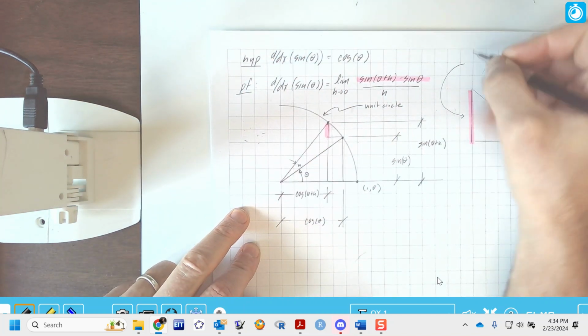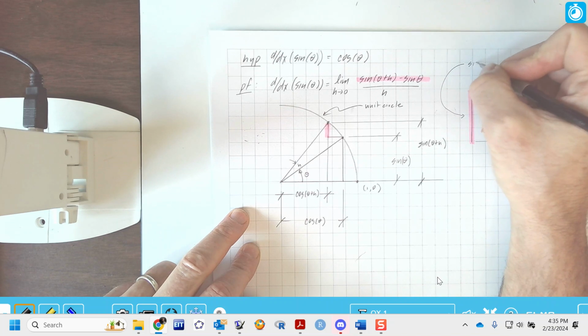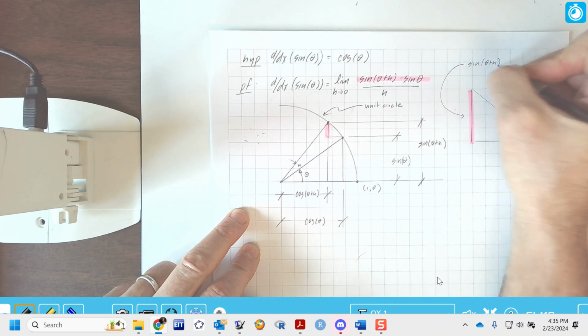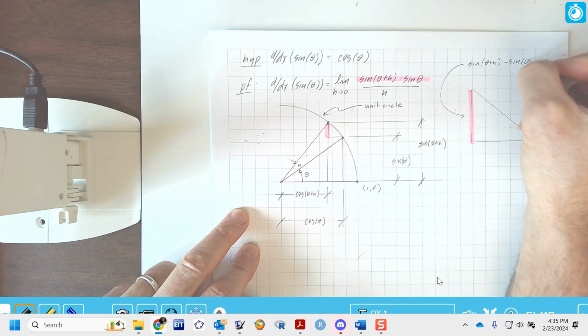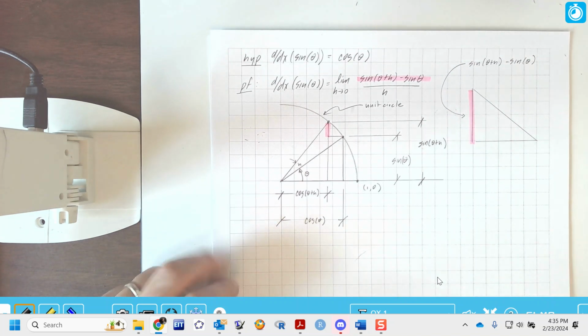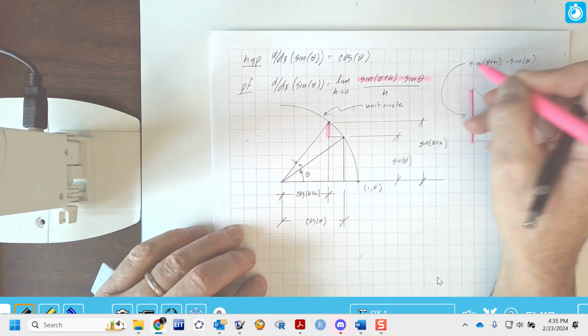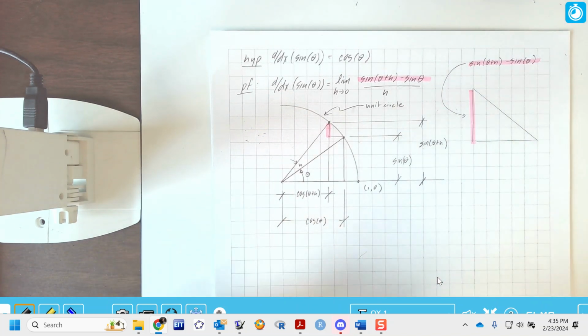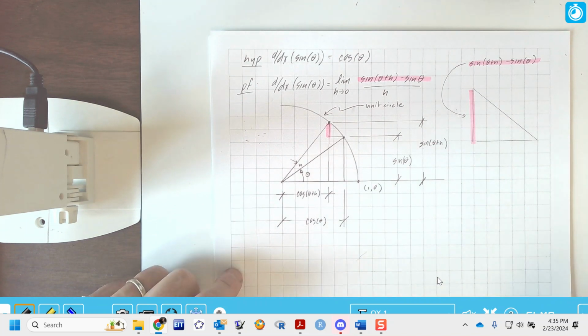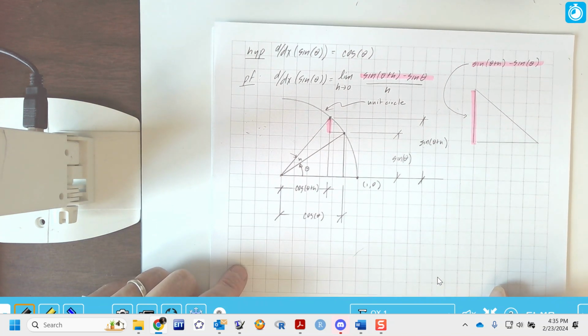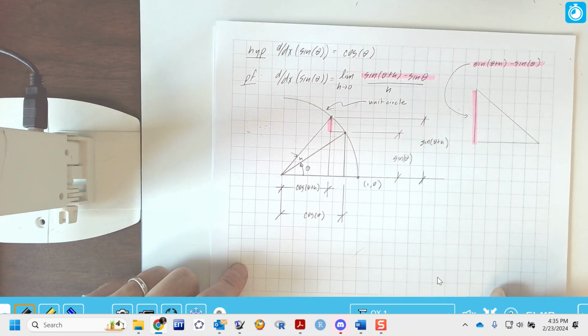So that side right there is equal to the sine of theta plus h minus the sine of theta, right? That's what that distance is. We'll leave it in pink. And the big question is, how do we get something else after here?